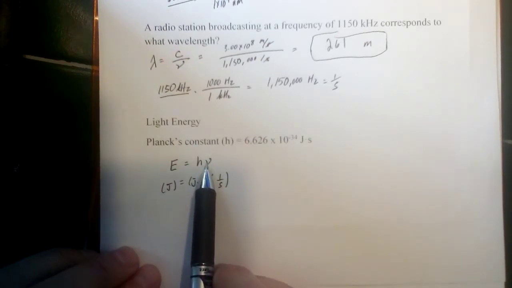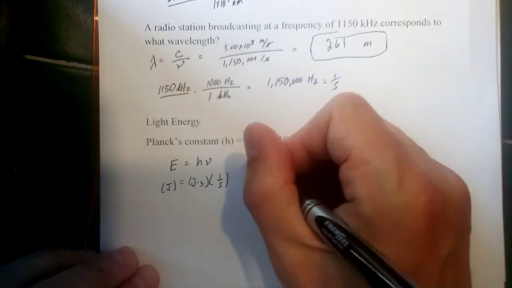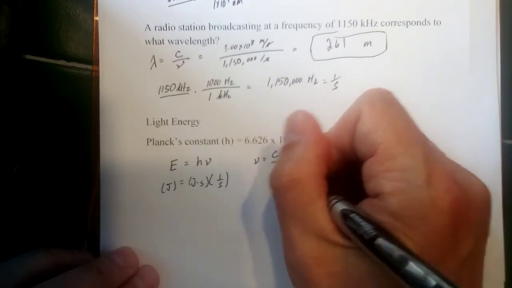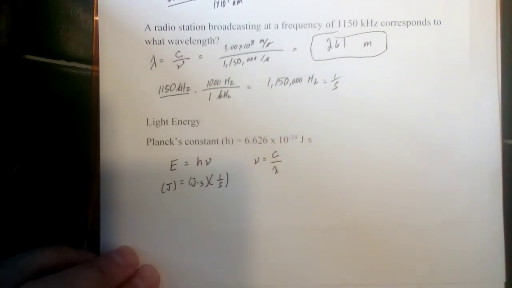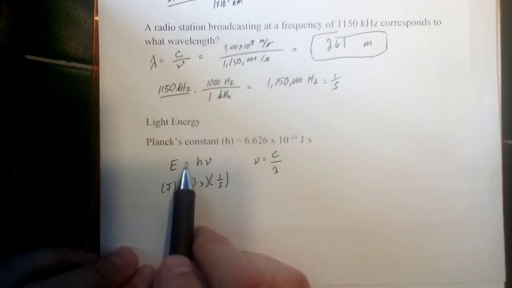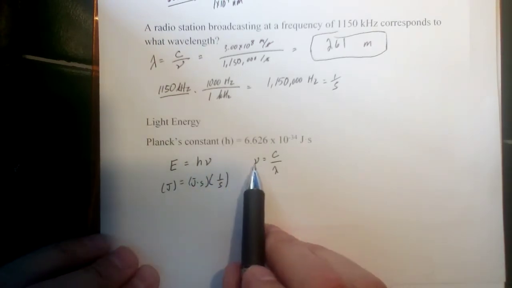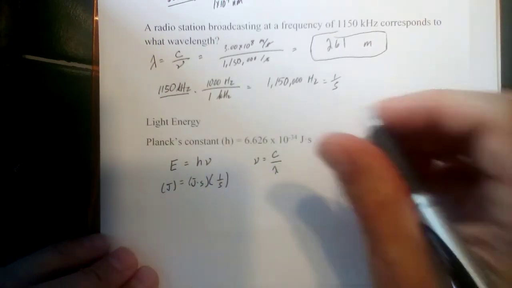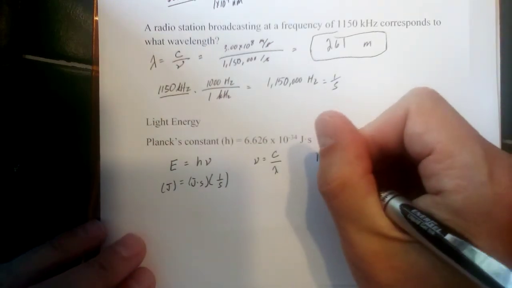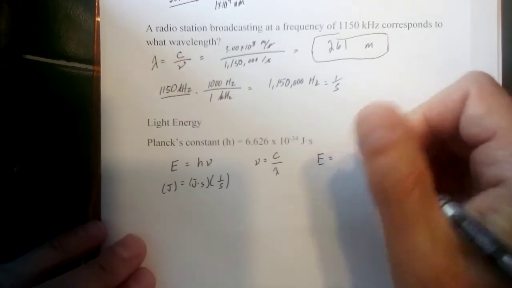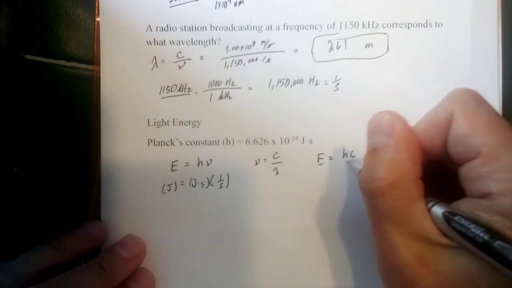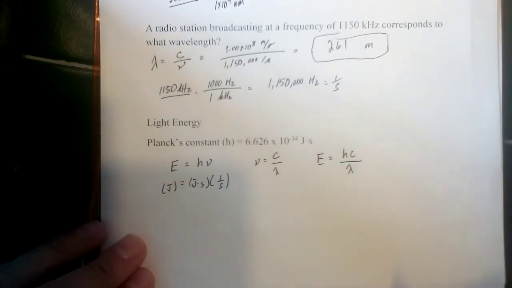Now, we know from above that frequency is equal to the speed of light over the wavelength. So combining E equals h nu with nu is equal to c over lambda gives us another version of this equation that would relate to wavelength. So E is going to be equal to hc over lambda.